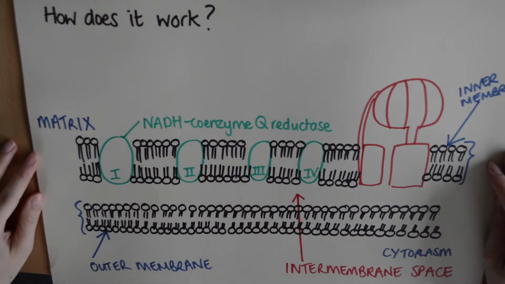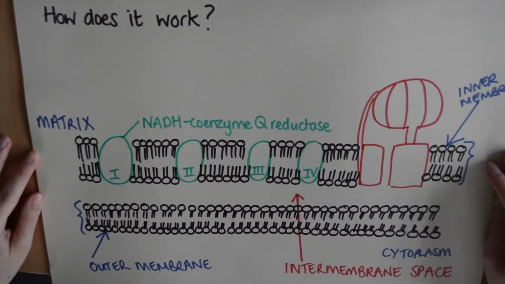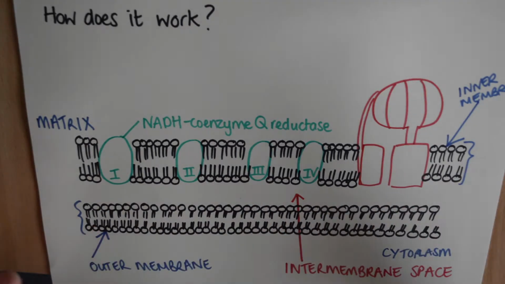So how does the process of oxidative phosphorylation actually take place? Now that we've got an idea about the structures involved with the process, we can start having a look at how the process actually takes place. Now, we know that we've generated many hydrogen atoms through the previous stages of respiration.